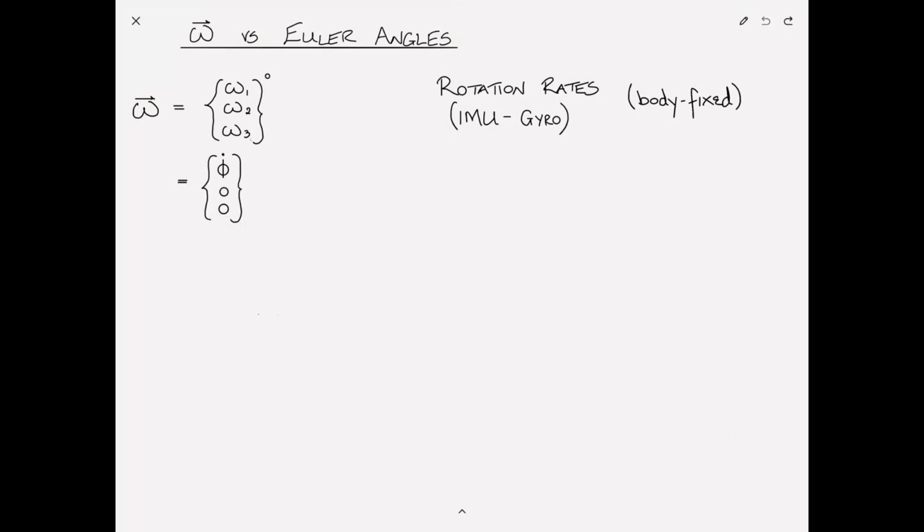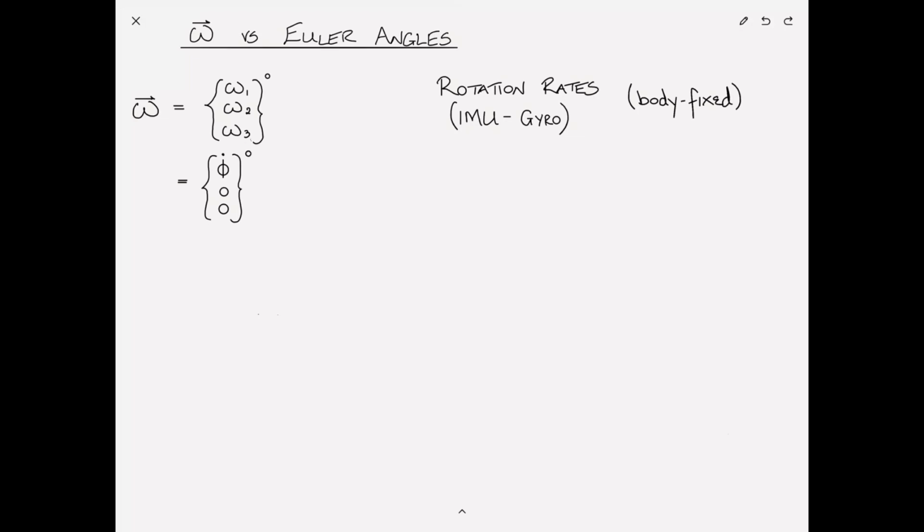Now, we know that phi dot, which is just the derivative of phi, is measured in the zeroth coordinate system. This according to a 1, 2, 3 sequence, which is the sequence that I have arbitrarily chosen. The phi angle, which is the first rotational angle, is in fact about the axes at time t, or the unrotated axes.